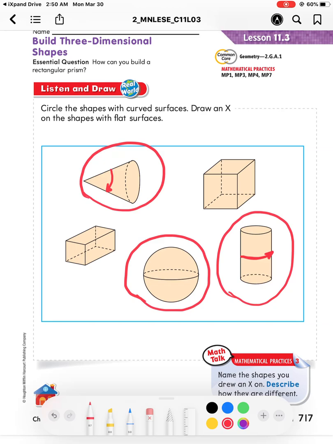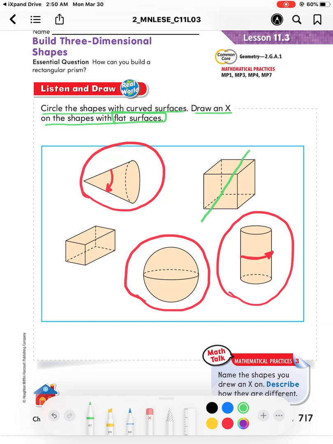Now, we solved the first part of the question, which says circle the shapes with curved surfaces. Now draw an X on the shapes with flat surface. Which shape has a flat surface? Good job!